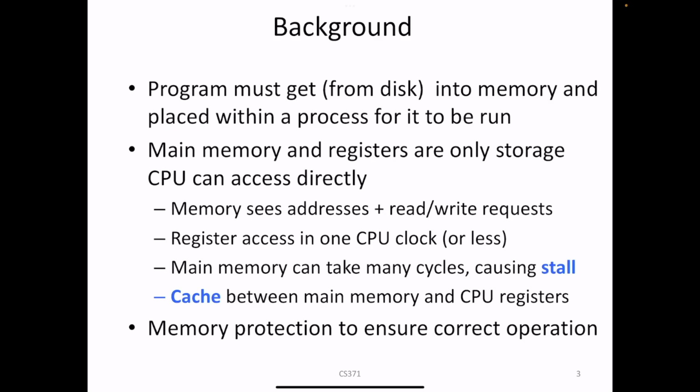First, why is memory management so important? Because a program must be brought from the disk and loaded into memory and then placed into a process so that the program can be executed in the operating system. And also, you may already know that memory and registers are the only storage that the CPU can directly access.